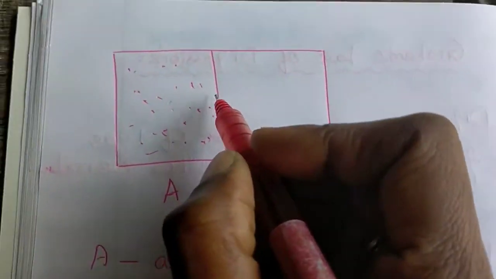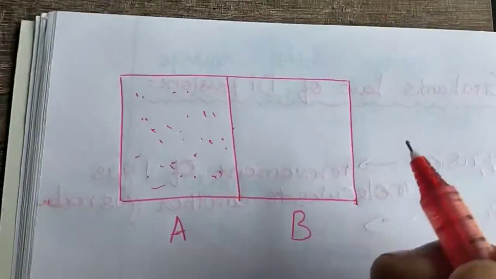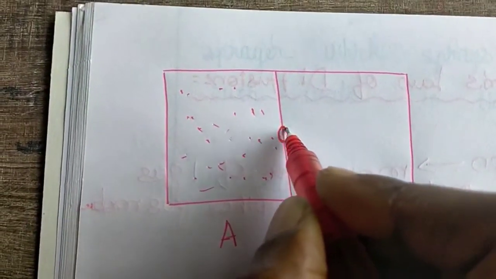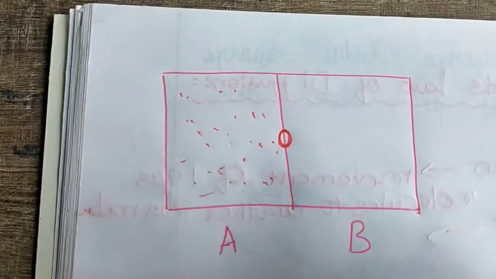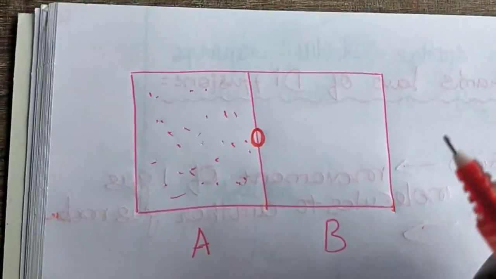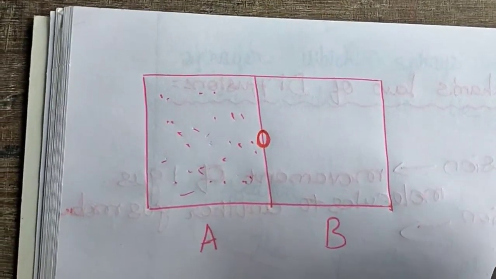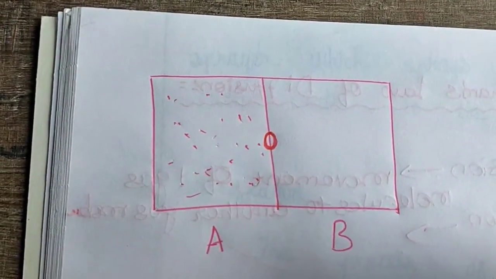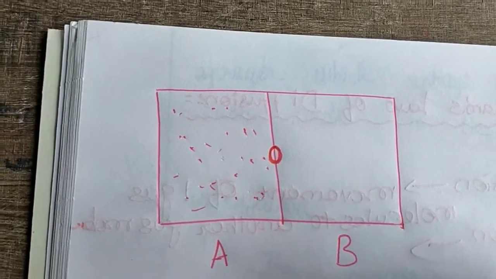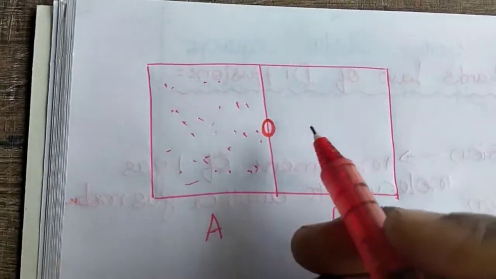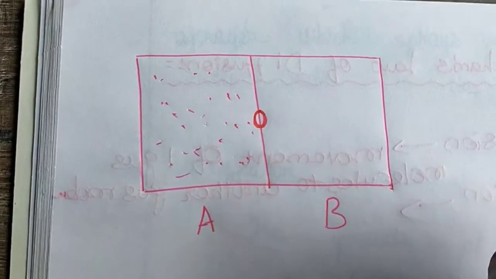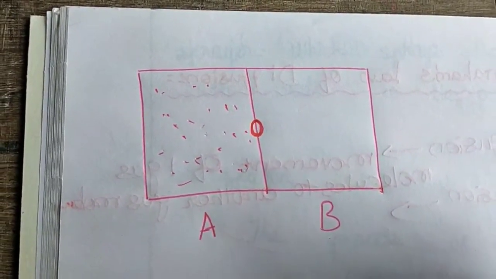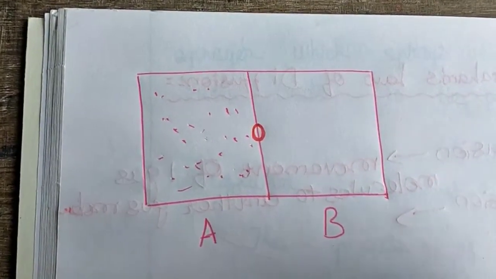Okay. Now make a hole between these two parts A and B. Now you made a hole between these two parts. Now what will happen? You know the gas particles have the property that they can move from one place to another place even through a small hole. They have the ability to move from one place to another without the help of any third force.